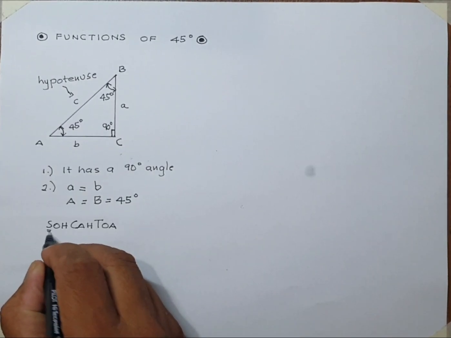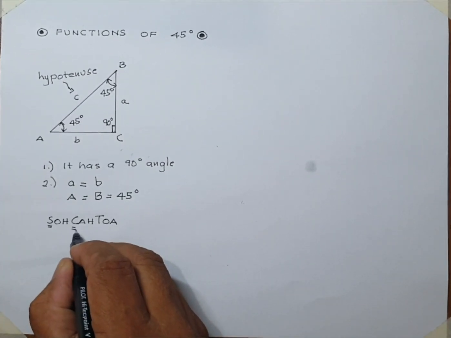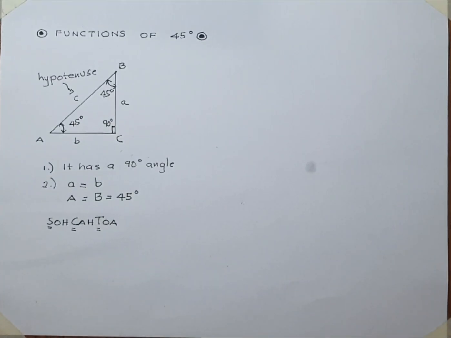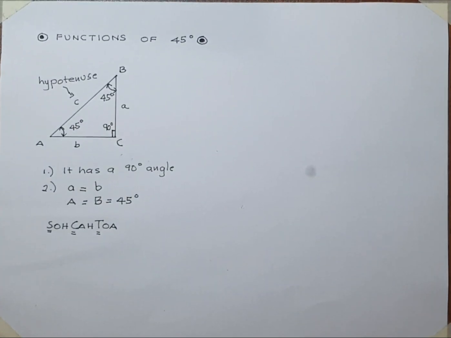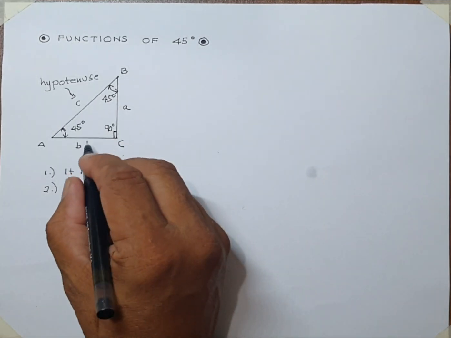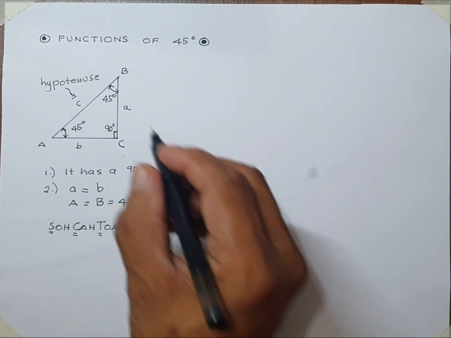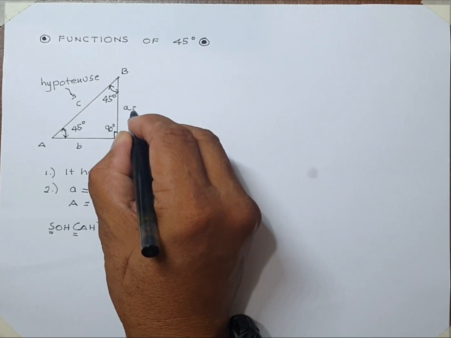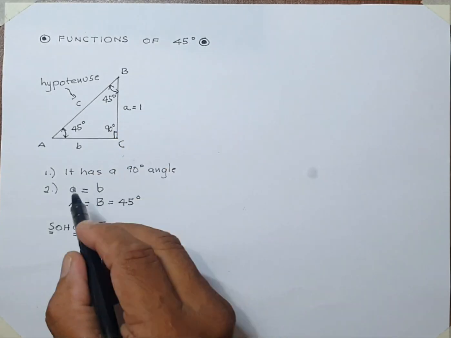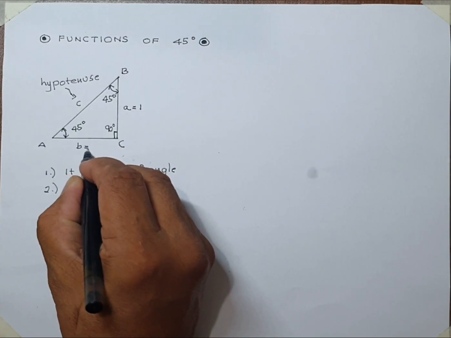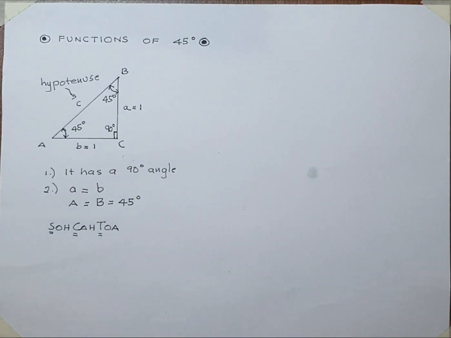S stands for sine, C for cosine, T for tangent. Okay, let's start by giving a particular value to sides A and B. Say A is equal to 1 unit. Since A is equal to B, then B is also equal to 1 unit.